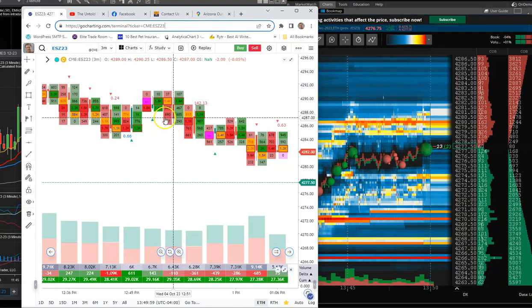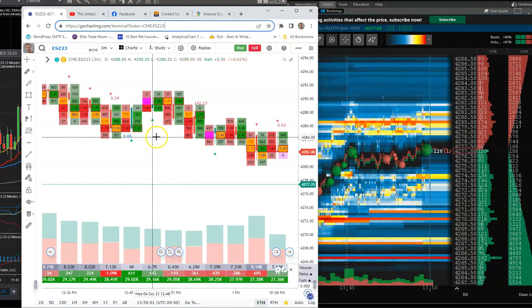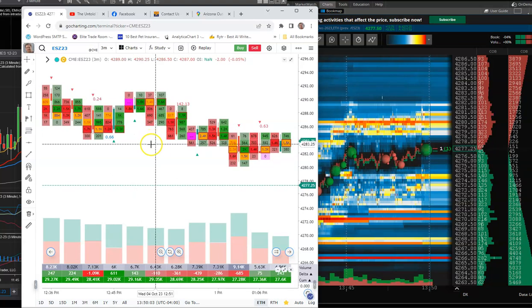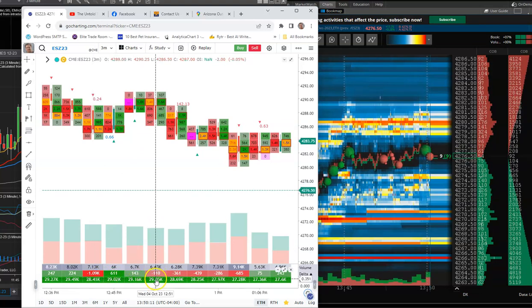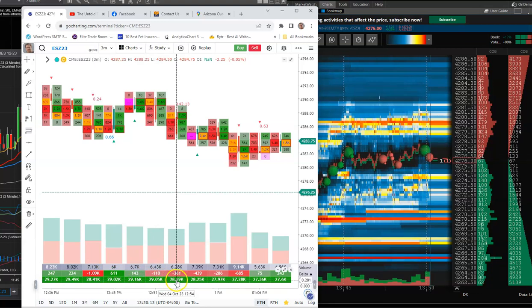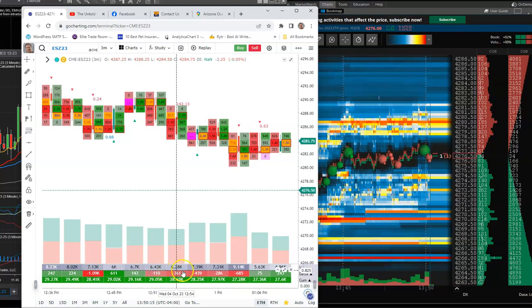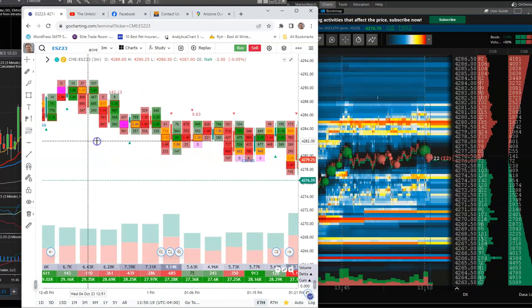Okay, the 1 o'clock area. I got in at this point right here, and I noticed this started coming down. So it went 29.16, 29.05, 28.69. Then, as you can see, these numbers in the delta started getting bearish.